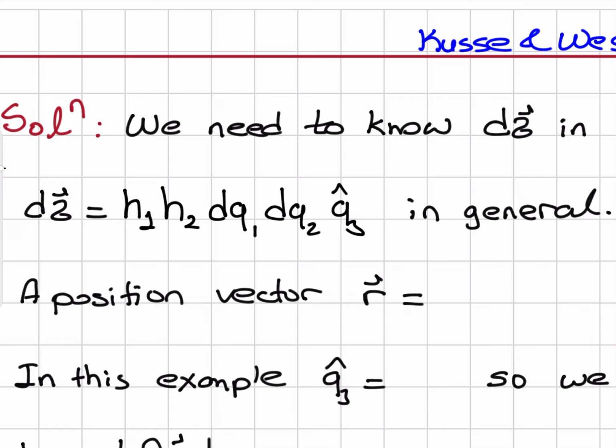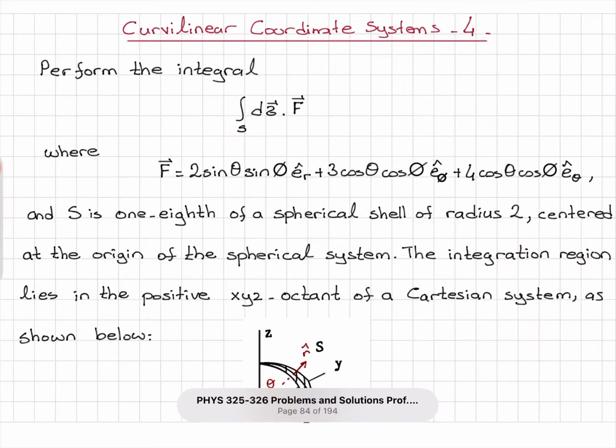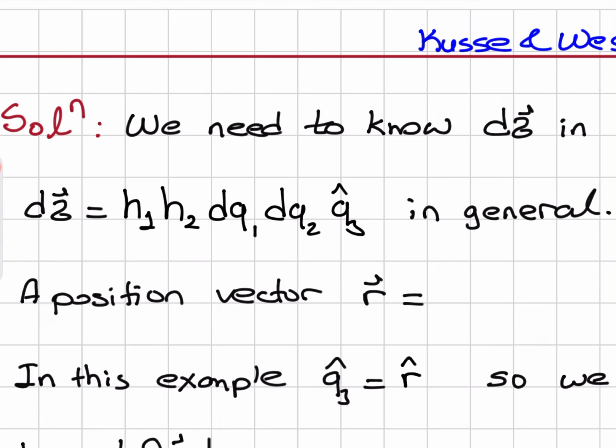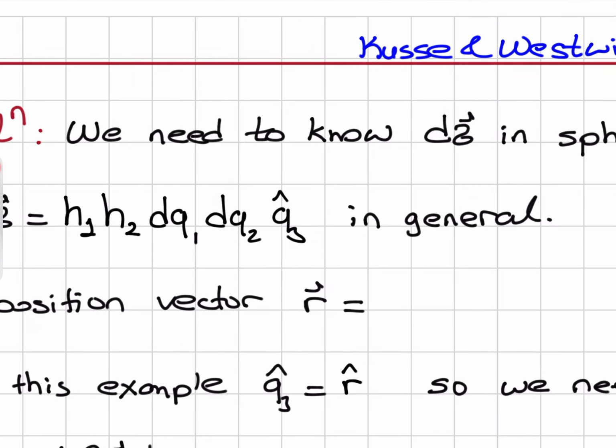So here we have q3 hat equal to r hat. This is normal to the surface, and we have to find the scale factors for q1 and q2, which would be theta and phi in this case. So we need to know h theta, h phi, and this will be d theta, d phi in the r hat direction.